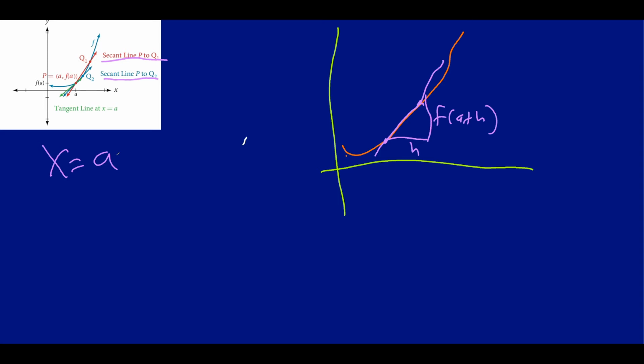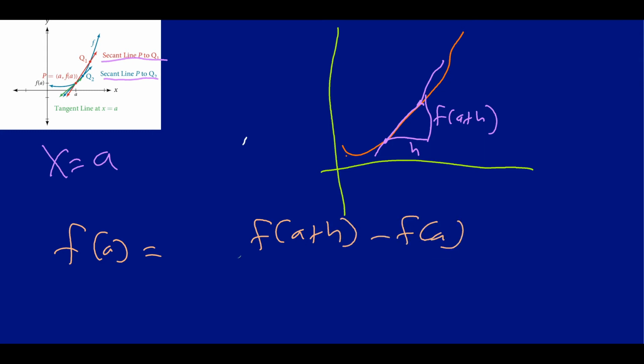Now, what I want to show you is how we're going to adjust the formula that we use for the average rate of change to get the instantaneous rate of change. So you've seen something like this before: f of a equals f of a plus h minus f of a over h.